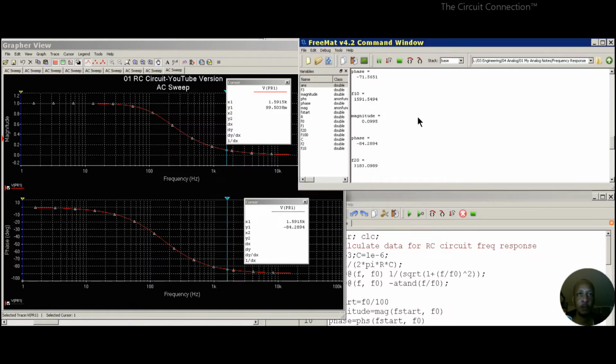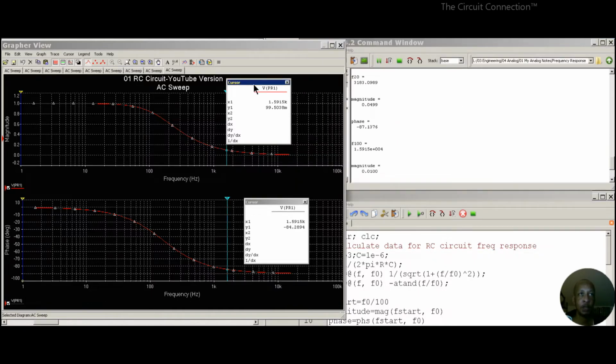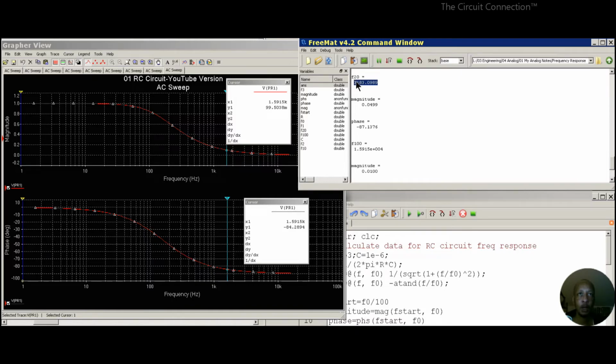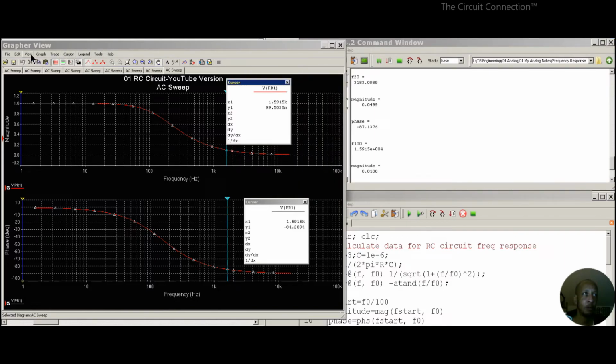Let's see. Next thing we have here, that was F10. F20, 20 times the base frequency. I'm just going to copy that value and paste it over here.